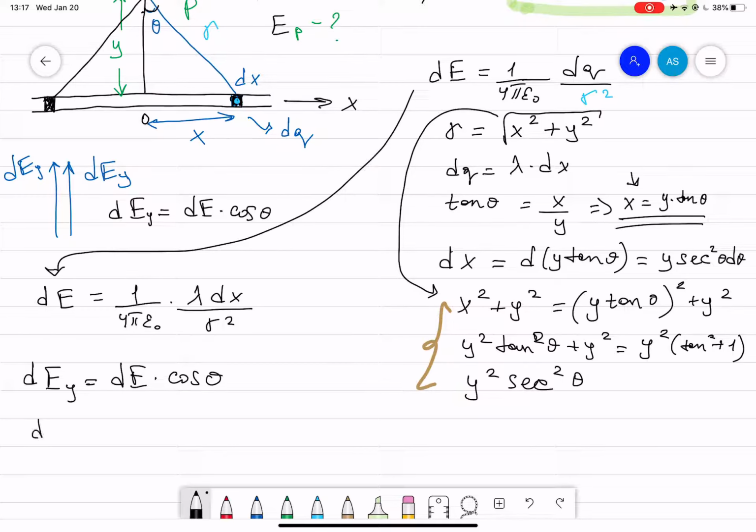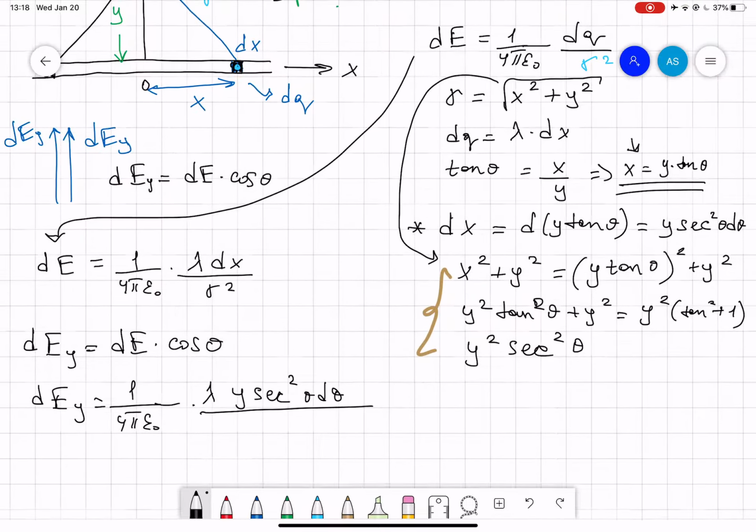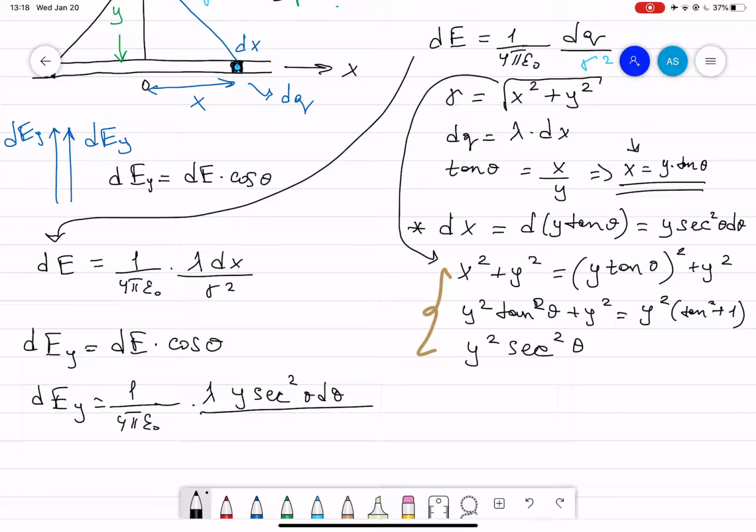So then we can say that dE_y, now dE is equal to 1 divided by 4 pi epsilon naught multiplied by lambda dx divided by r squared. Then dx was equal to y sec squared theta d theta, and this is lambda dx.